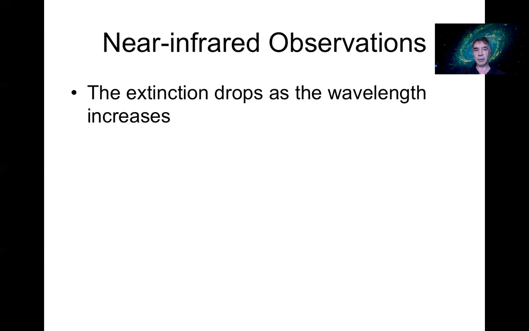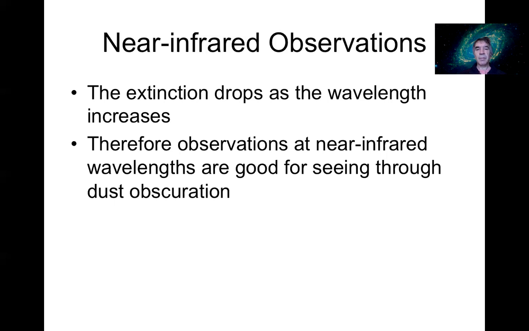Those are what we would call near infrared wavebands. And then the wavelength is significantly larger than the maximum grain size. And when the wavelength gets much larger than the size of the grain that it's trying to interact with, the probability of that interaction drops. So if you like, the longer wavelength radiation can penetrate the dust without interacting much more easily. So that's why the extinction drops.